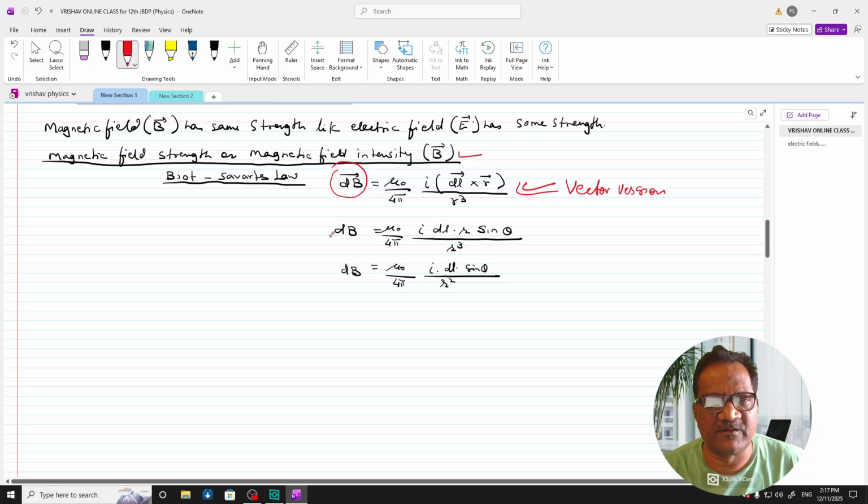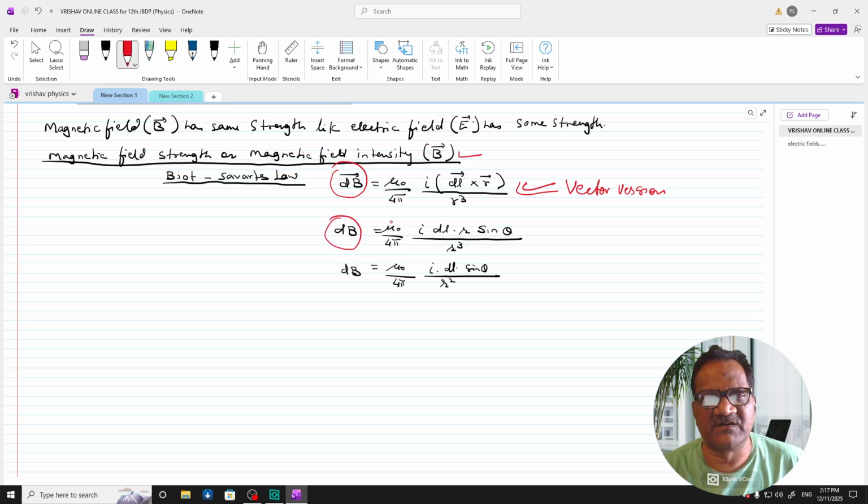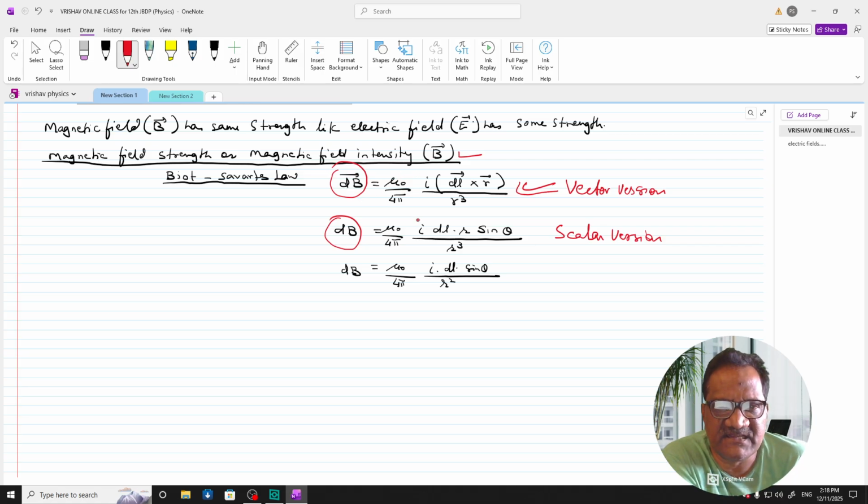If you want to write it as a scalar version, you will remove the vector sign, the arrow mark from the top, so you'll just write dB. Scalar version says that dB, that is the magnitude of this magnetic field intensity, is equal to mu 0 upon 4 pi times the current I times dl times r sine theta, whole thing divided by r cube.